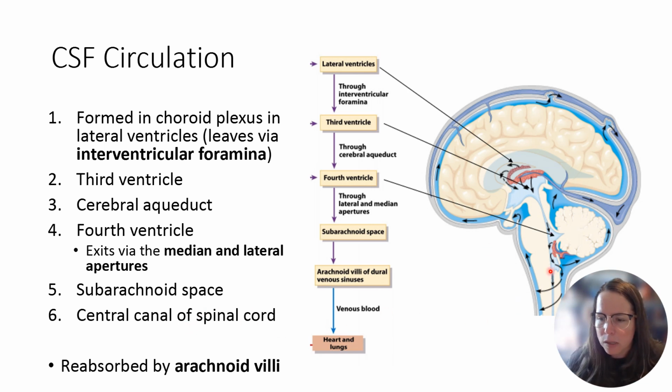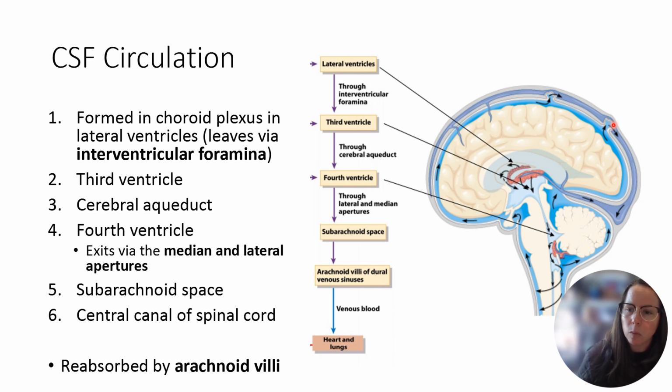So the fluid that goes down here just goes down into the spinal cord. And then the ones that are going around the subarachnoid space will go around the brain and spinal cord and eventually get reabsorbed back into circulation through these little projections here called arachnoid villi. These are projections, again, you're going to see this in lab. I have a whole model about this. These are projections that are going to stick right into that superior sagittal sinus.